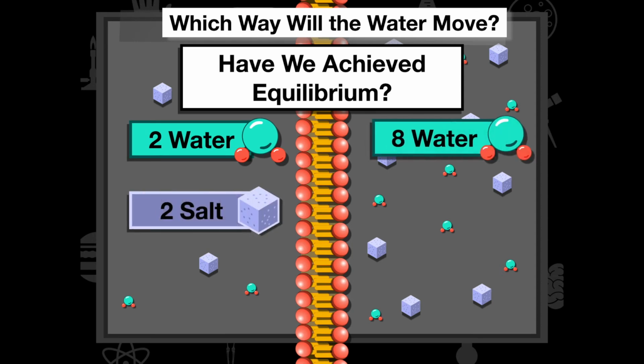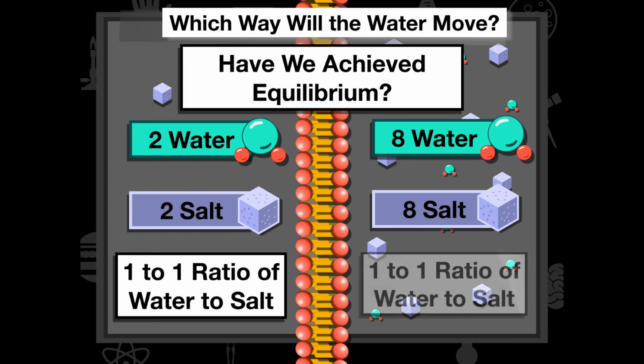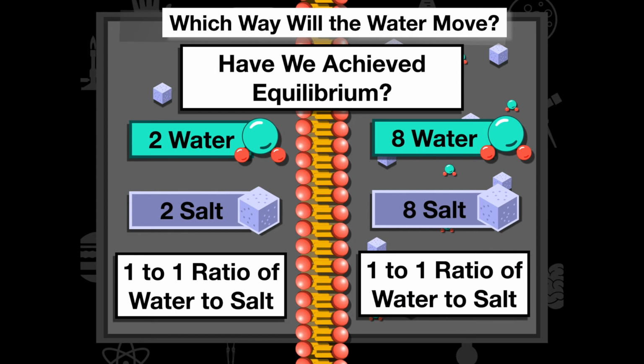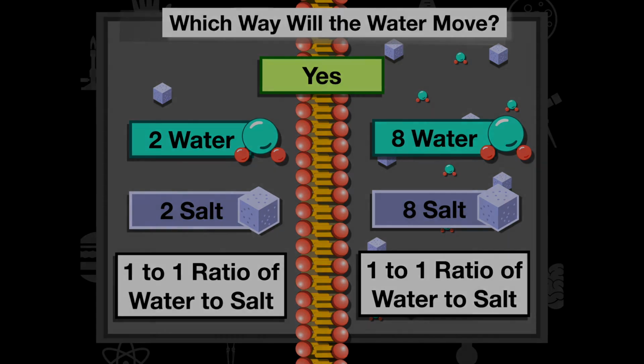And now we have 8 water and 8 salt on this side. So if I look at this and I reduce it, I have a 1-to-1 ratio of water to salt on this side. And on this side, I also have a 1-to-1 ratio of water to salt. So have we achieved equilibrium here? Yes, we have. It's a ratio now of the water to salt particles in order for equilibrium to be achieved.